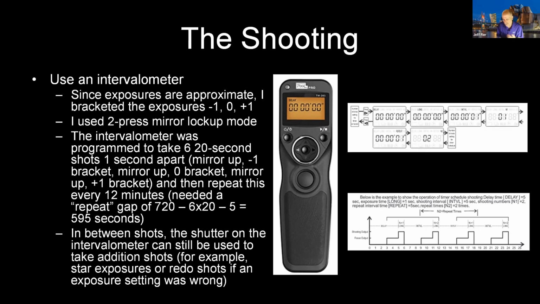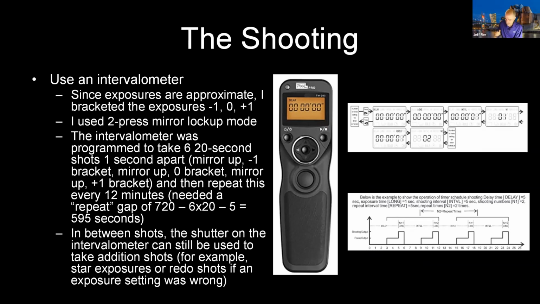In addition, to prevent the shutter from shaking my camera, I put it into mirror lockup mode, and I used a 2-press mirror lockup mode. Namely, the first press locks up the mirror. You wait a few seconds for vibrations to die down, and a second press of the shutter then takes the picture. And then you start it all over.